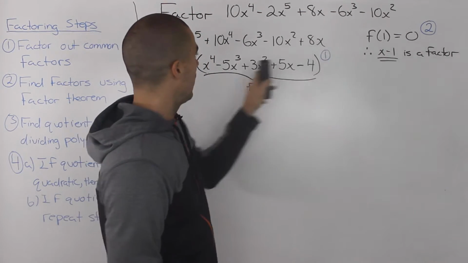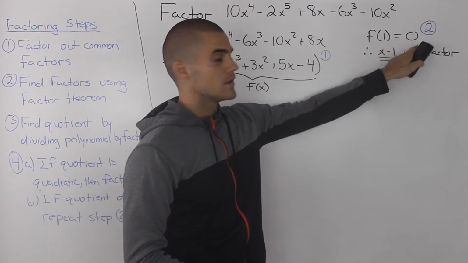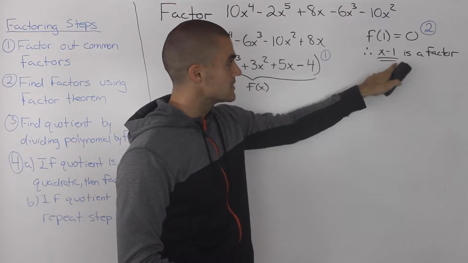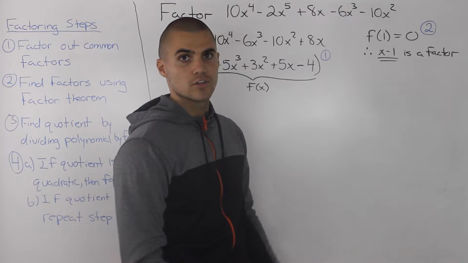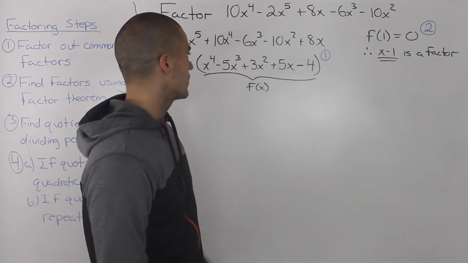Plugging in 1 into this polynomial, we get a value of 0. So we know that x minus 1 is a factor of this polynomial.